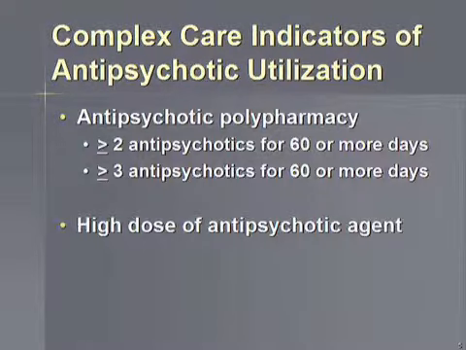Firstly, use of 2 or more antipsychotics for 60 or more days, and we're going to discuss whether that's a useful indicator. We need to modify it. Use of 3 or more antipsychotics for 60 or more days, and use of a high dose of an antipsychotic. The dose ranges are in the text, if you will, but we'll come to that when we review whether that indicator is or is not appropriate.